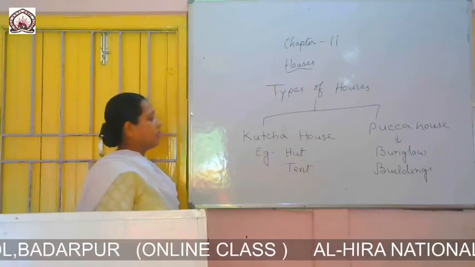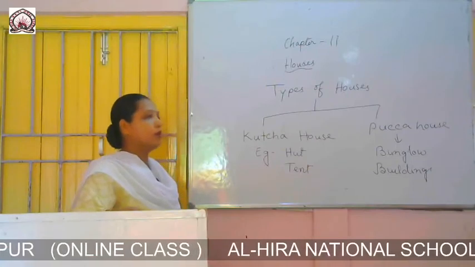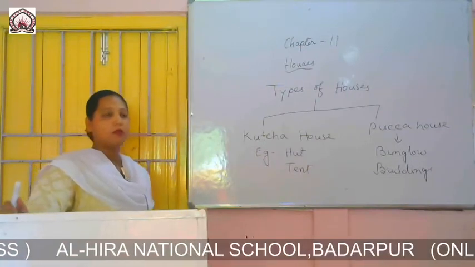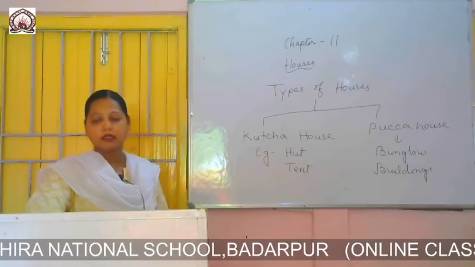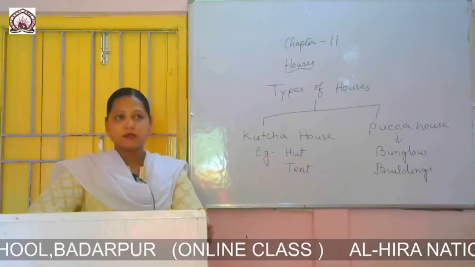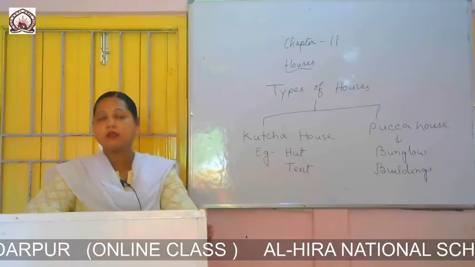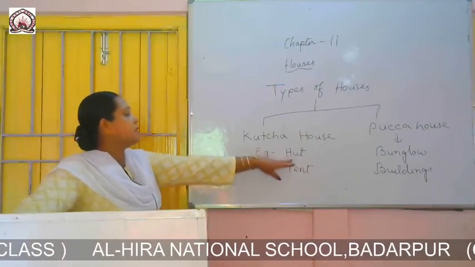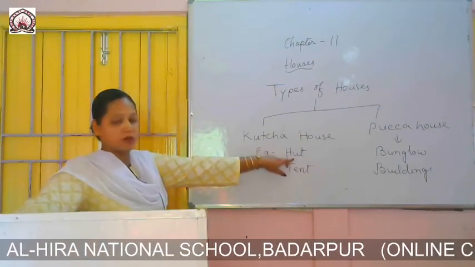It has a sloping roof made of straw, and mostly a hut is found in villages and it has only one room. It is an example of kacha house.